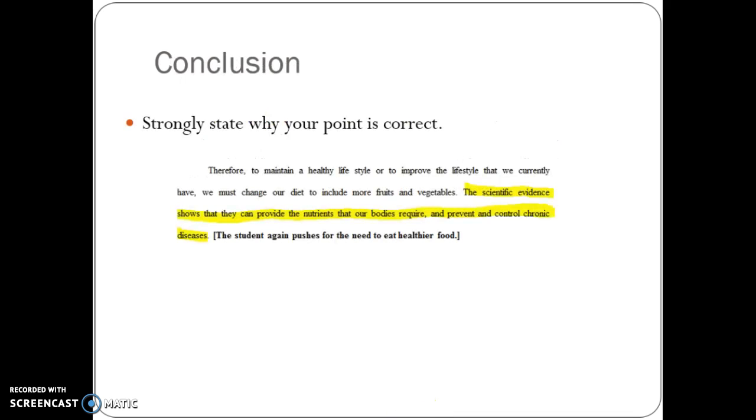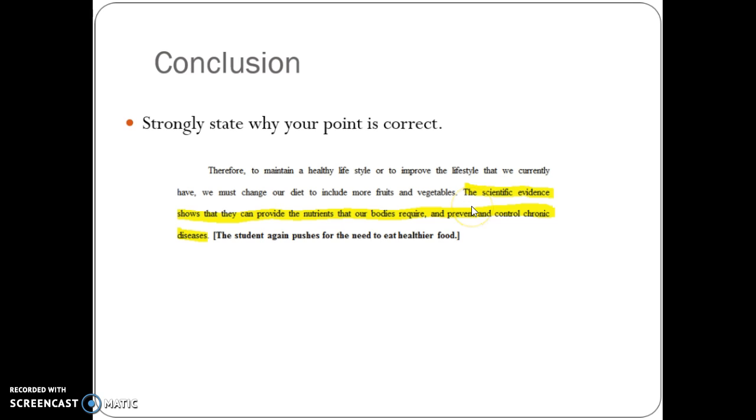The final portion of your persuasive essay is the conclusion. The conclusion is where you restate very strongly your point of view. And you can see in this highlighted section, the author reaffirms their viewpoint about nutrition.